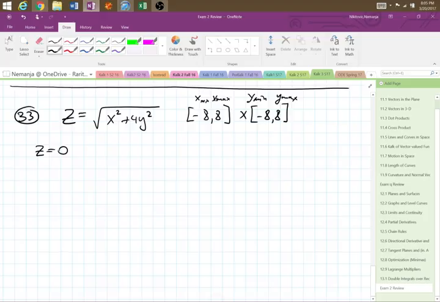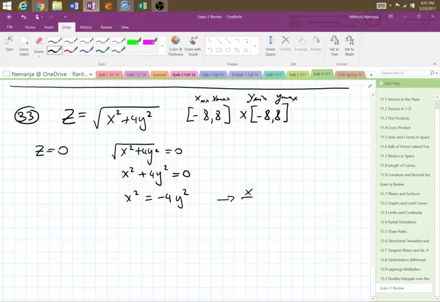For z equals 0, we have the square root of x squared plus 4y squared equal to 0, from where x squared plus 4y squared is equal to 0, from where x squared is equal to negative 4y squared, and we see there are no level curves because it's complex. From here you get x over y, everything squared, equals negative 4, and that doesn't work, so nope. Z equals 1.